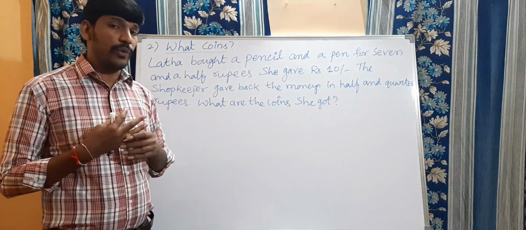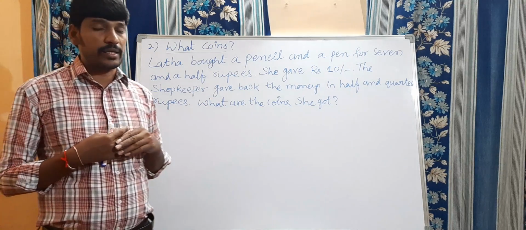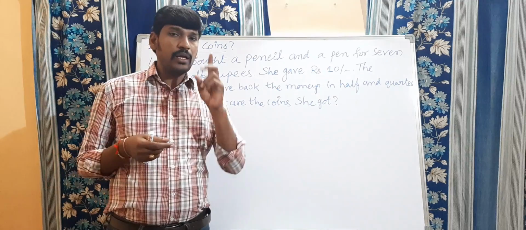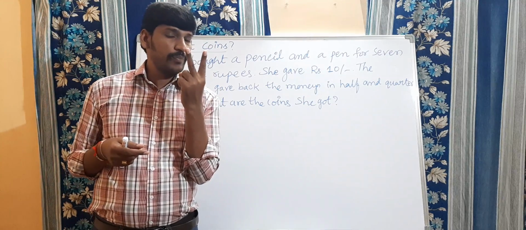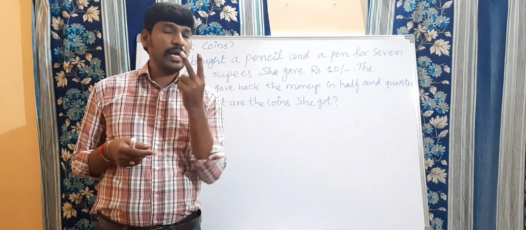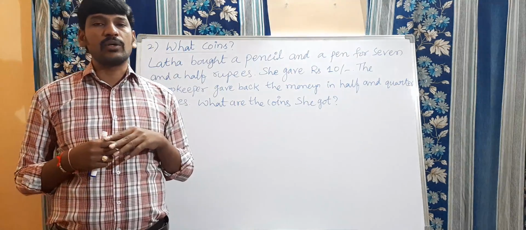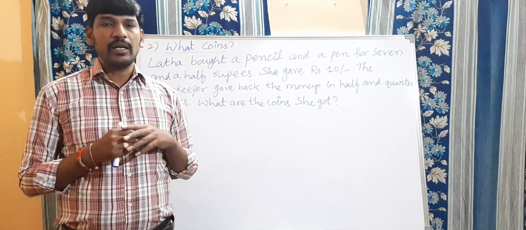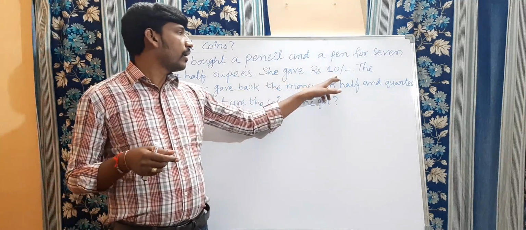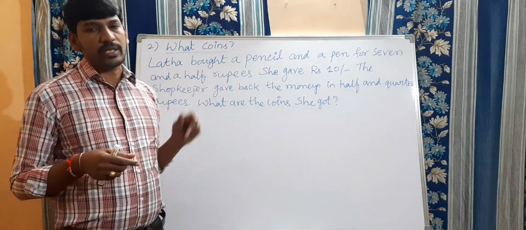In the previous session we already discussed rupees and coins. Clear? In 1 rupee there are 100 paise. That is, half rupee is equal to 50 paise and quarter rupee is equal to 25 paise. First of all, out of 10 rupees, we need to subtract 7.5.